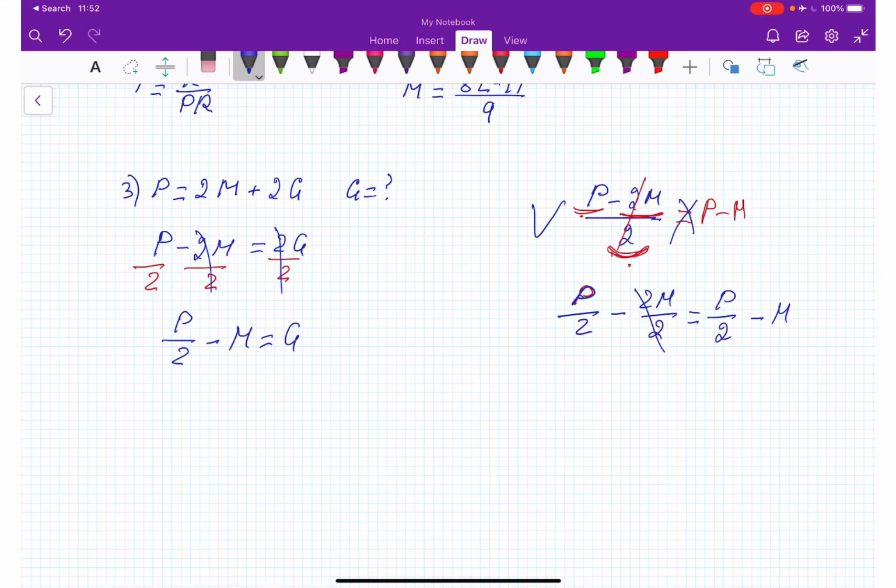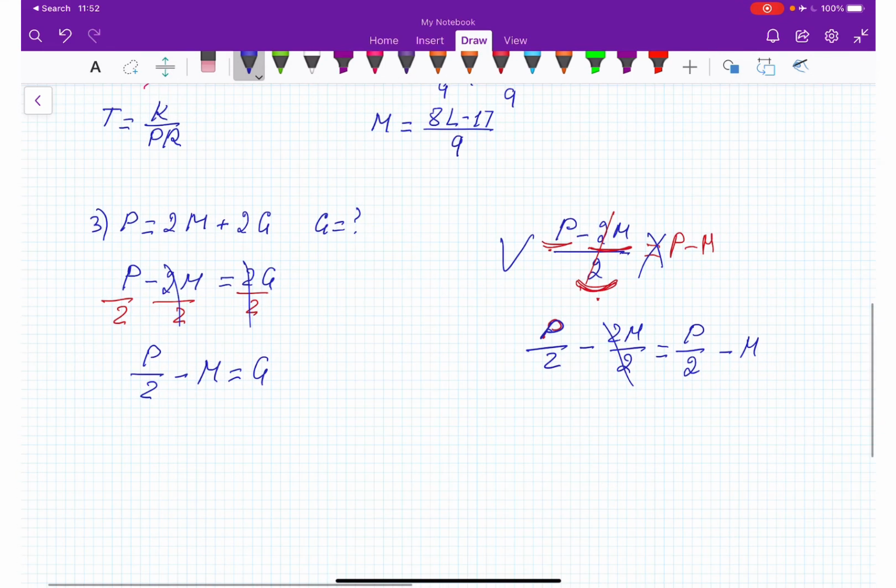Or if you want to write it down as one common solution, p minus 2m over 2 equal g, then you do not cancel, you leave it the way it is. Either way.